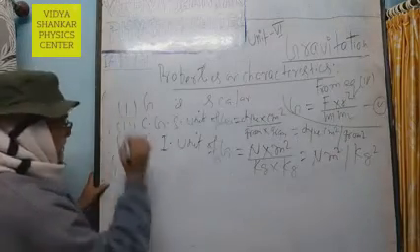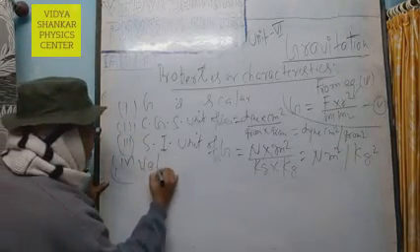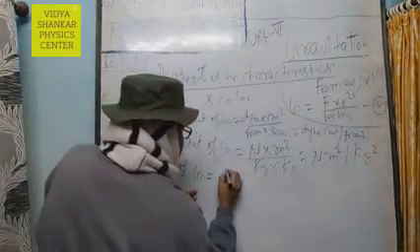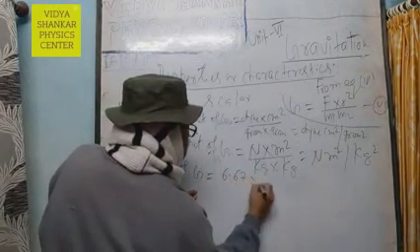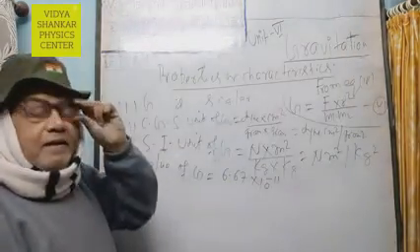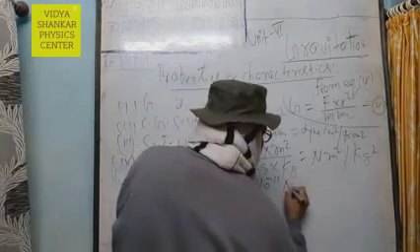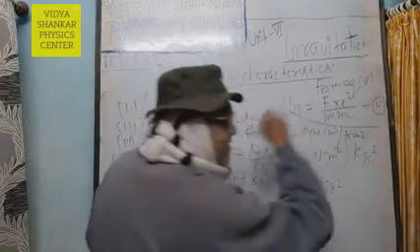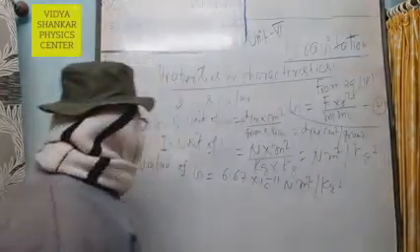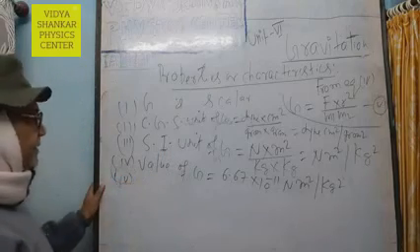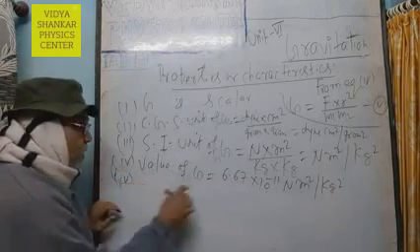Fourth, the value of capital G is 6.67 into 10 to the power minus 11 Newton meter square per kg square. Fifth, it remains constant.